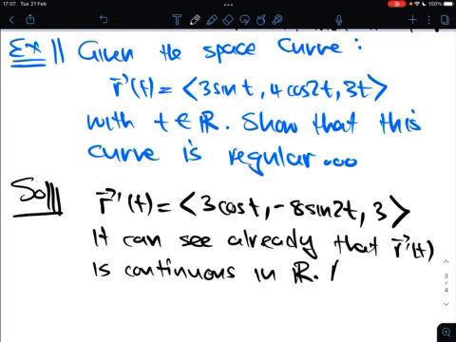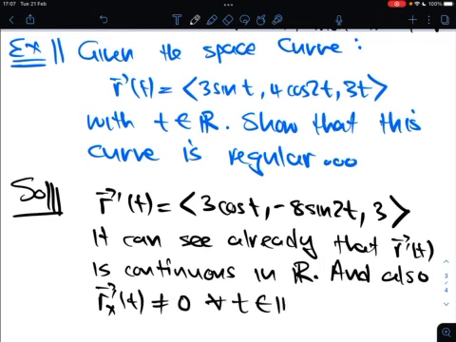And also, one thing that we see is that the z component of r prime of t can never be 0 for all t elements of real numbers. You see that? So the z component of r prime of t can never equal 0.